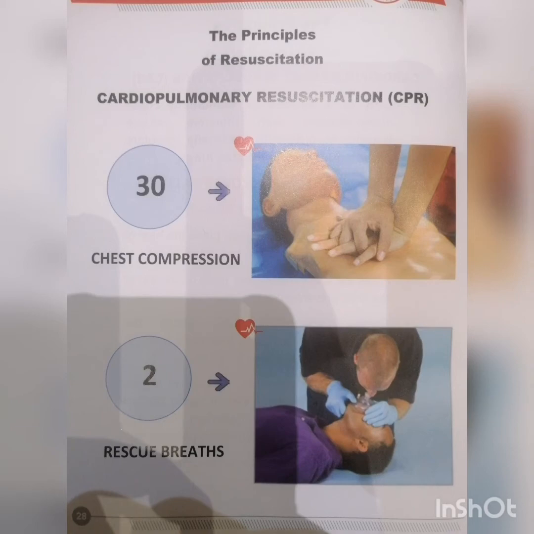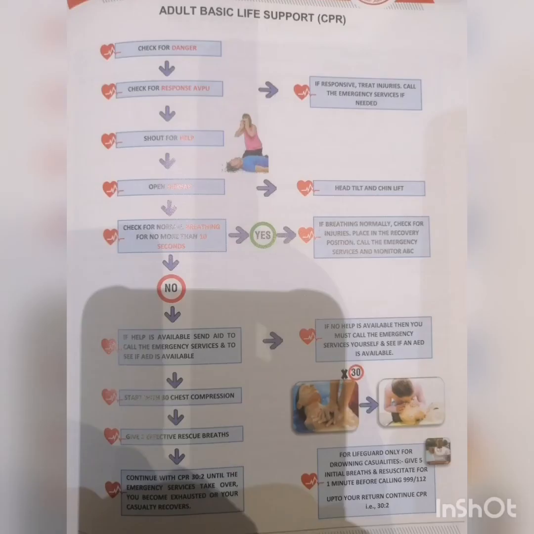In these other steps, I'm going to explain the principle of resuscitation, the cardiopulmonary resuscitation, that is the CPR. These are the instructions you have to look at, right? You have to press the chest 30 times. As you can see in these pictures, the way the fingers are, you put your fingers exactly in the middle of the person's chest.